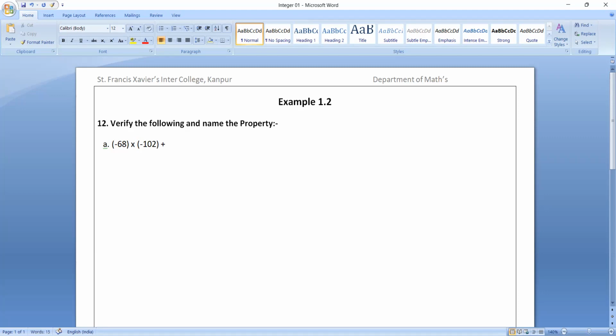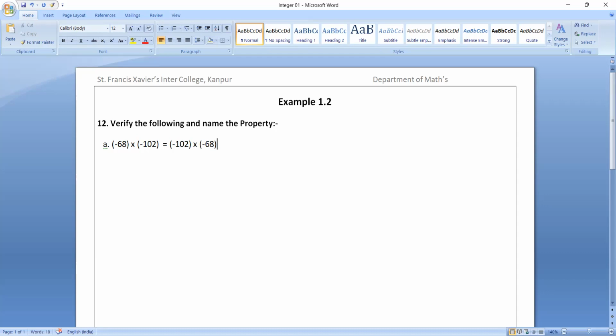Then I have multiplied equals to minus 102 and then multiply with minus 68.